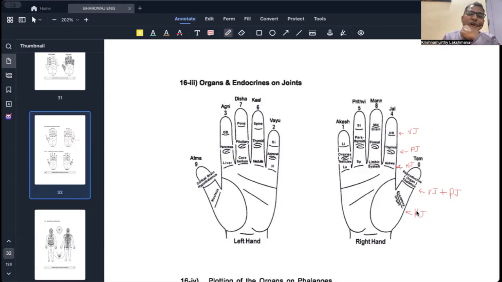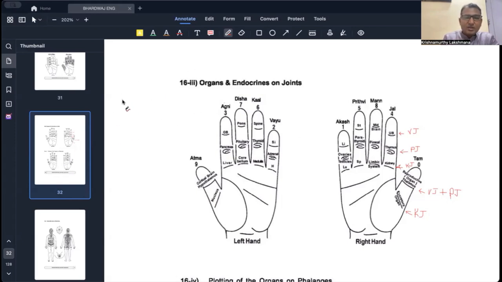Now, when I have to allocate the organs, you have learned the TCM, where the organs are in pairs, right? So there are yin and yang. You have the organs, the 5-element cycle.